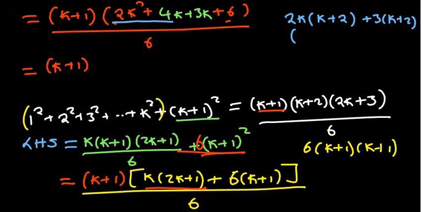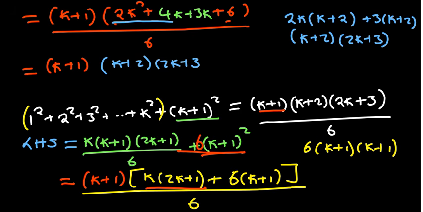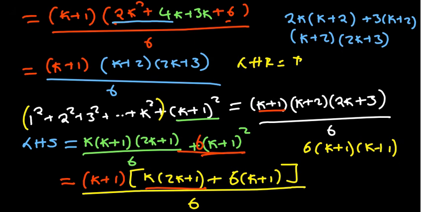So if you group them, you have k plus 2 and then you have 2k plus 3. So we now have k plus 2, 2k plus 3 after factorization over 6. Now at that point you can see that your left hand side is equal to right hand side. Hence proven. You can see that that is true, right?